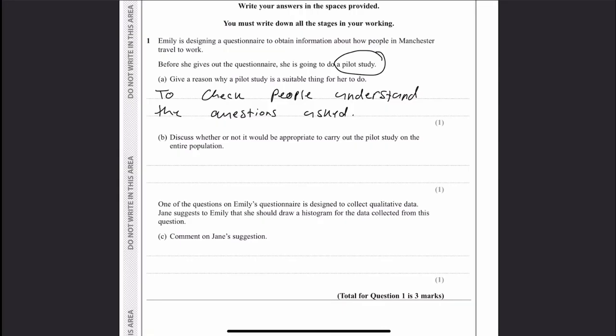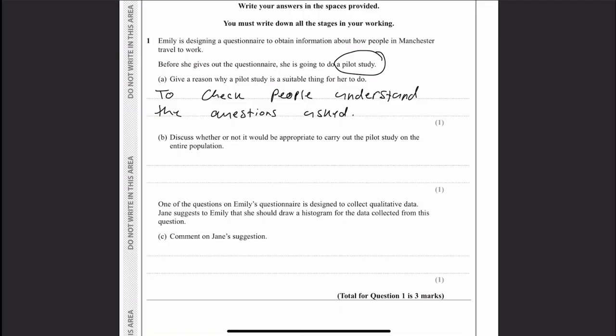You could also have been talking about the response rate, to check how long people would take to respond. Just something along the lines of, why would you ask 10 people instead of 1,000 people? It's just to see how useful your actual study would be, how you would expect the population to respond after you've given a sample, like you've asked a few people these questions from your questionnaire, if that makes sense.